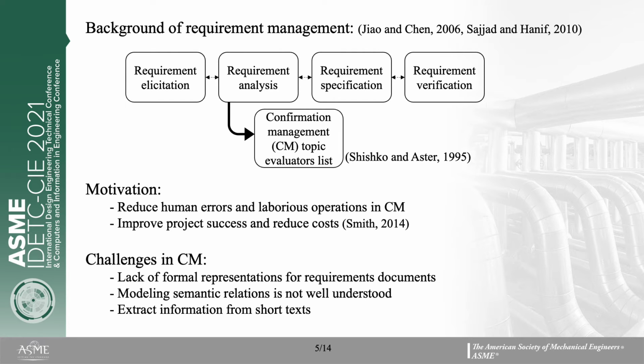The challenges in design research: even though we have some requirement representations such as requirement hierarchy, network representation, or matrix-based representations, we still lack formal models to capture semantic relations and represent requirements. On the modeling side, it is very challenging to collect information from small corpora, short sentences, or highly domain-specific contents.